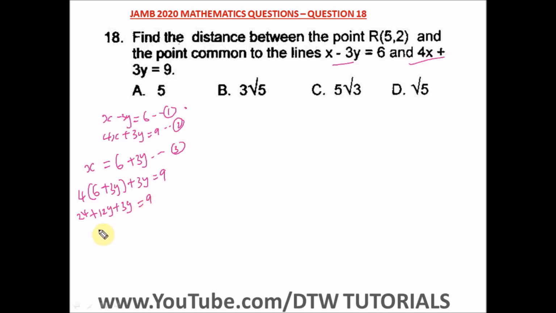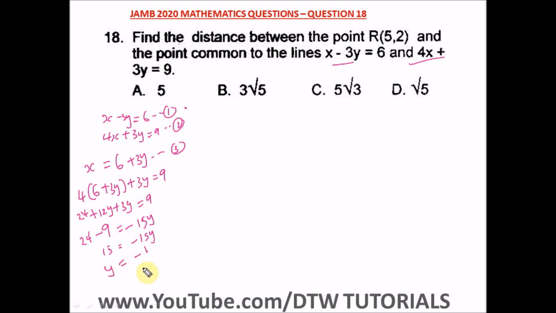So let's collect like terms. We have 24 minus 9 equals 12 plus 3 is 15. Once you cross over, it becomes minus 15y. So 24 minus 9 will give us 15 equals minus 15y. Therefore, y is equal to what?